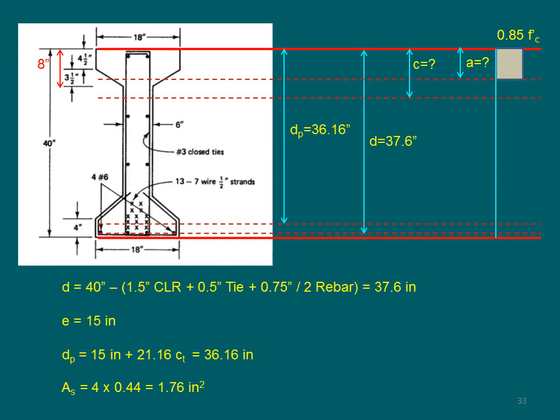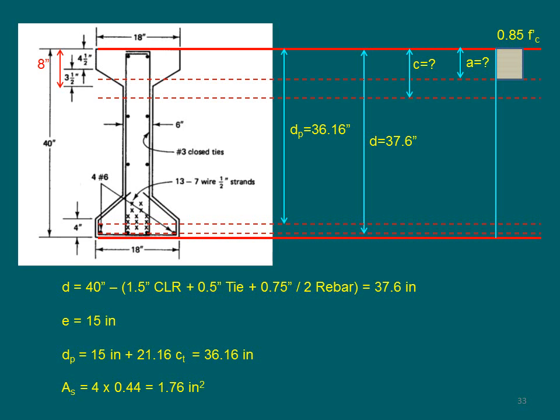This slide shows geometrical properties. What we're trying to do is find out the depth to the pre-stress strands and also the depth to the conventional rebars, the 4 number 6s. First, the depth to the non-pre-stressed rebars, the conventional rebars. We can take it as 40 inches total depth of the concrete beam.